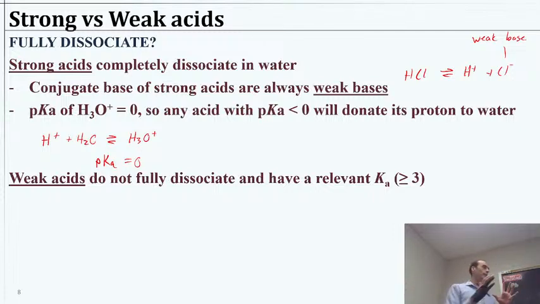I think the book calls it the leveling effect of water. Any acid that was going to try to lower the pH below 0 will ultimately just cause formation of this, and you're not going to get a pH lower than 0, is the deal. So it's kind of a limit in that sense.